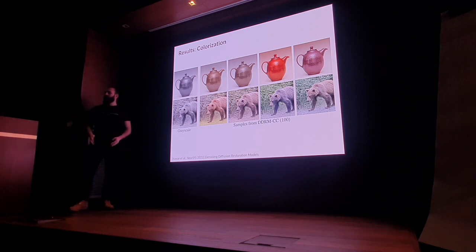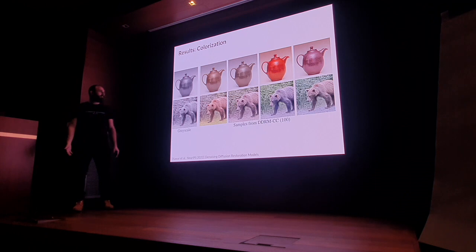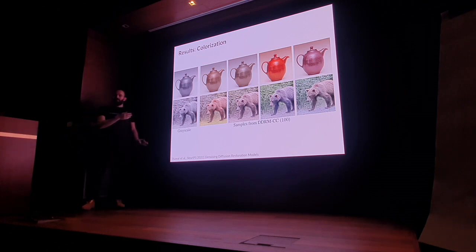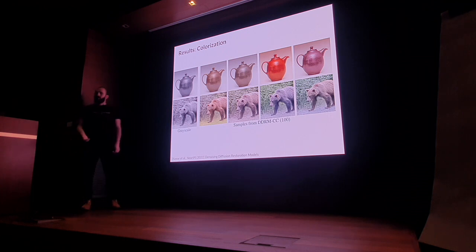Because DDRM relies on a diffusion process, a stochastic process based on random noise, every time we apply it, we can sample from this posterior distribution, and sampling is inherently stochastic. So we can get multiple different results. You see all these different colors of the teapots, of the bear, of the grass, and all of them are realistic, right? So given a measurement, given some sort of grayscale image or low resolution image, there is not just one ground truth image that we can go back to.